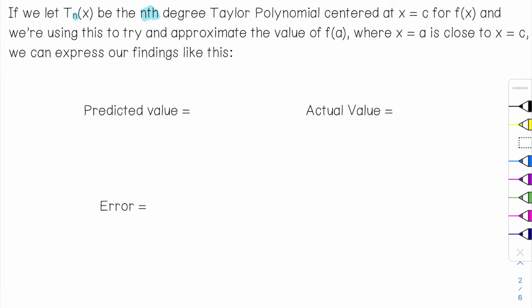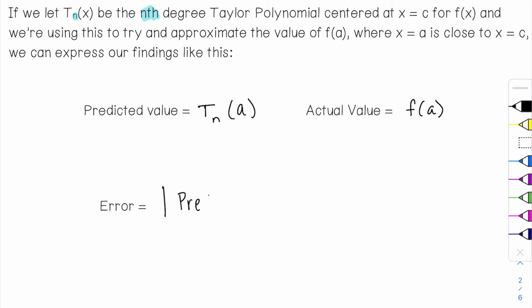So when we're doing this, right, our predicted value would be the value that we get out of our nth degree Taylor polynomial. We would plug in a, that would be our predicted value, our approximation. The actual value is f of a, right? That's what we actually want to know. That's the accurate value. Our error is the difference between those two.